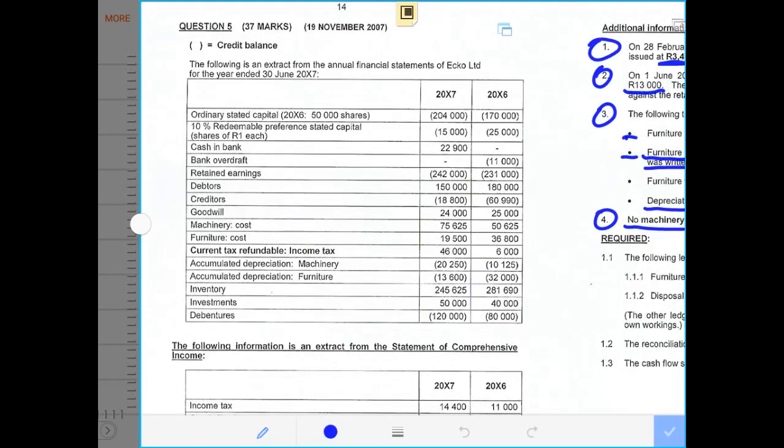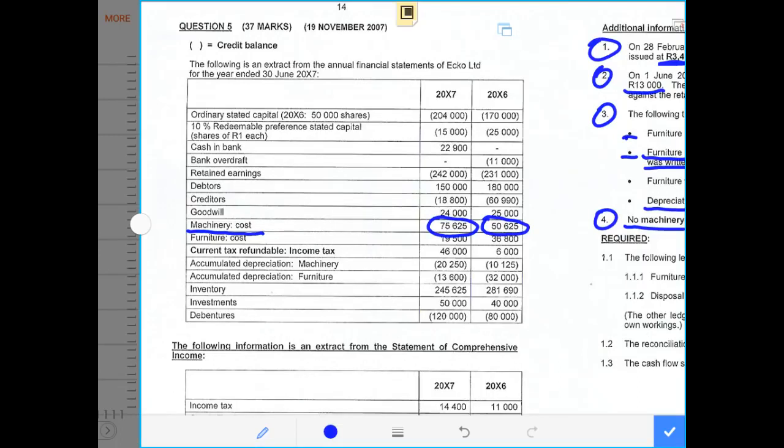Let us go to our balance sheet. In our balance sheet, we have machinery at cost there in the middle. The machinery at cost in the year 2006 was 50,625, and in the year 2007 it was 75,625. We see that there is an increase in the machinery. Machinery last year was 50,625, but now it went up to 75,625.